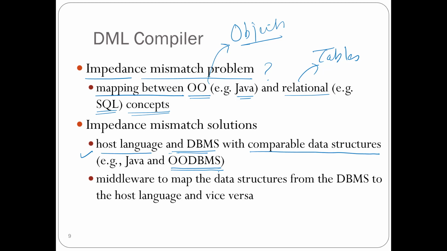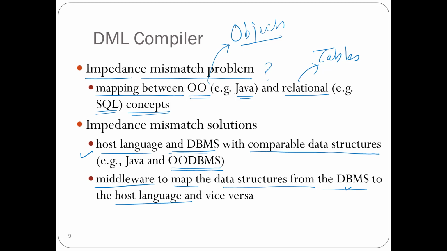And the second solution is to make use of middleware, and the middleware will take the responsibility of mapping the data structures from the DBMS to the host language and vice versa. So here we did not say RDBMS, we just said DBMS. And we did not say Java. In place of Java, we have used host language just to keep it more general.